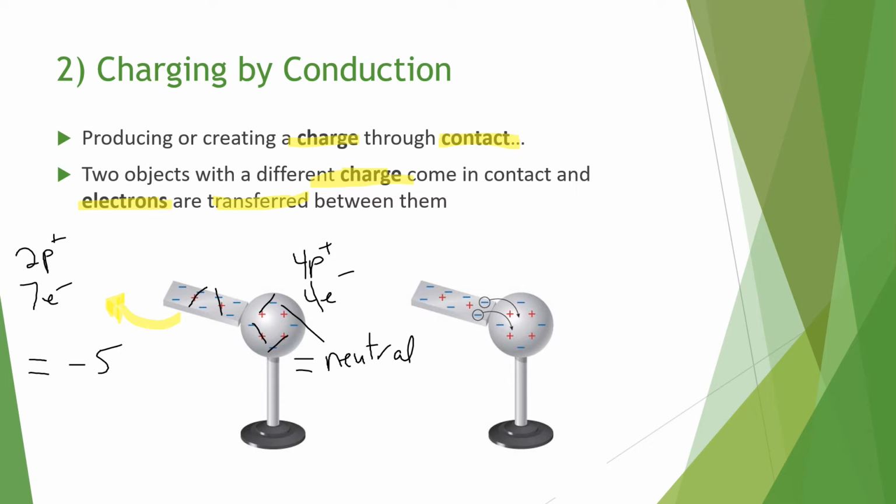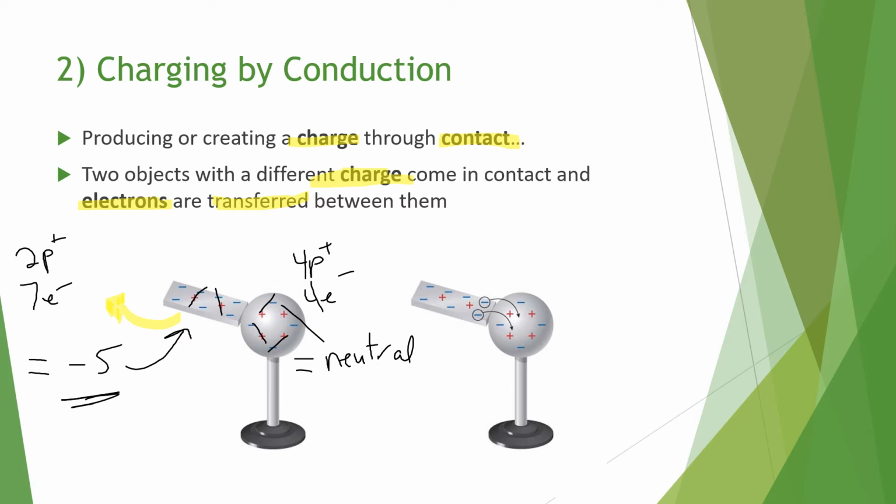Remember, I've mentioned before that electrons are always going to be moving from the more negative object to the less negative object. So in this case, this rod here, or block, is the more negative object, right? We have a -5, 5 negatives, or 5 electrons, whereas the metal ball is neutral.